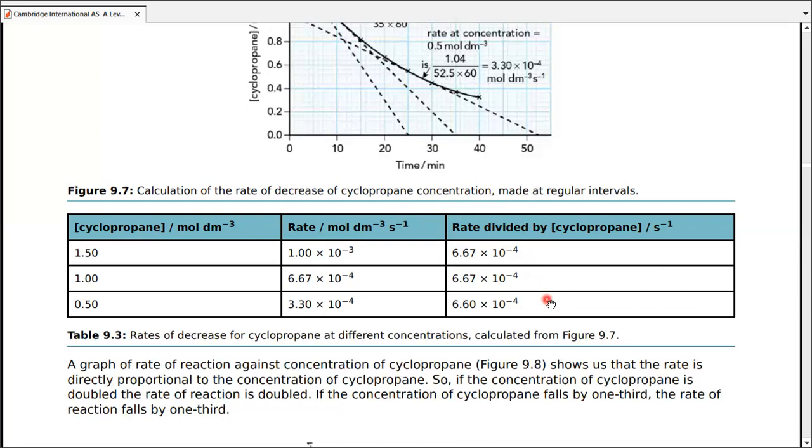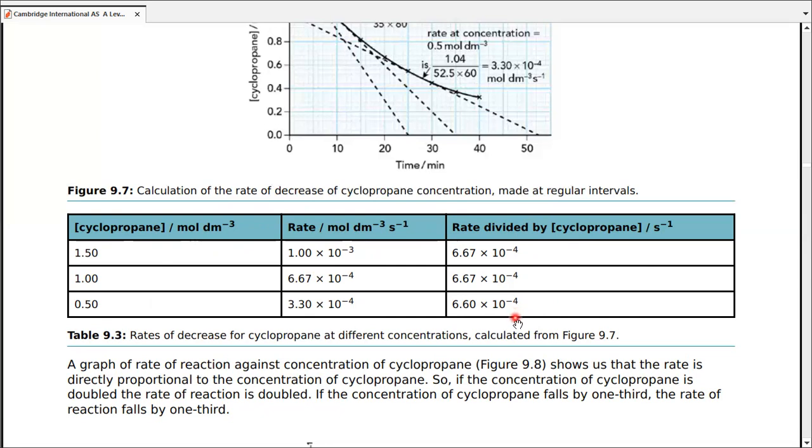Since, as you can see, these values are similar, we are dividing both of these on purpose. They can be different, both of them are, but if we divide them both, we see we're getting a constant.